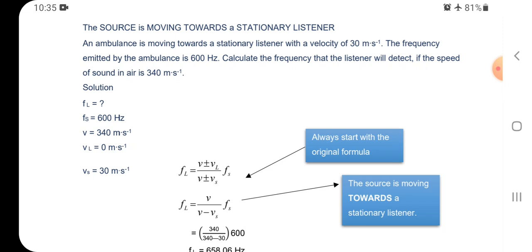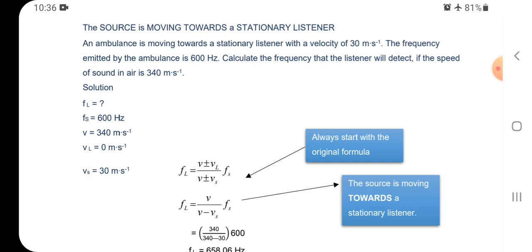An ambulance is moving towards a stationary listener with a velocity of 30 meters per second. That is the velocity of the source, 30. The frequency emitted by the ambulance is 600 Hz. So that is the frequency of the source. Calculate the frequency that the listener will detect. So we're still looking for the frequency of the listener.